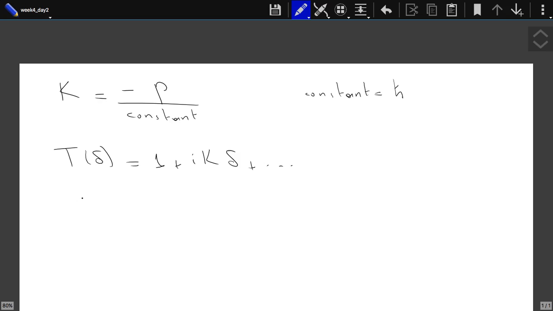So in this sense, the translation operator just becomes 1 minus i P over h bar times delta, plus terms of the order of delta squared. Now this is assuming that delta is very small.